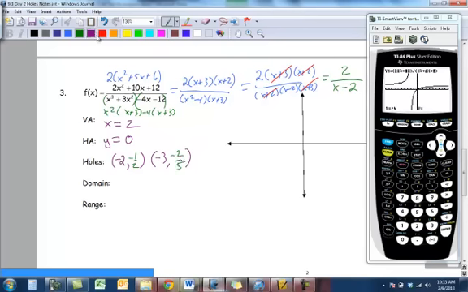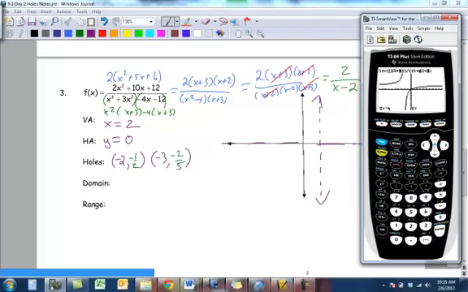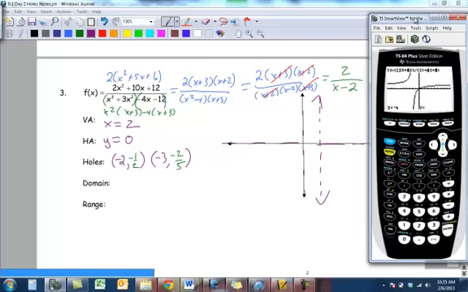Okay. Oh, I forgot to graph my asymptotes here, right? So we got x is equal to 2. And we got y is equal to 0, looking like this. Oops. And then graph it. Remember, graph the original. It's the only way to make sure that you're graphing the right function, because I could have made a mistake here.